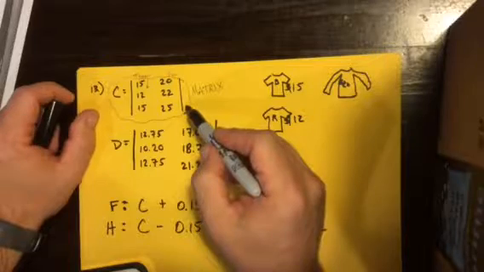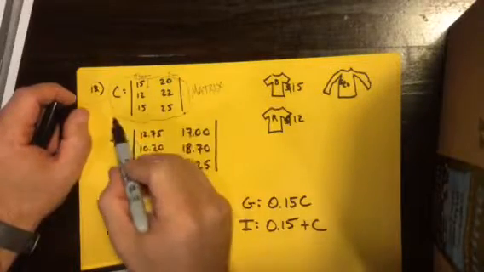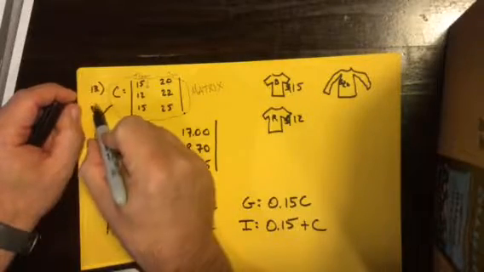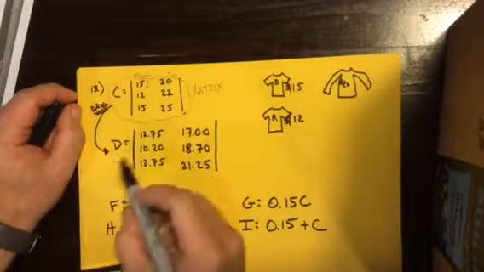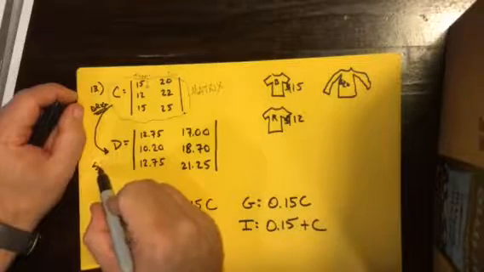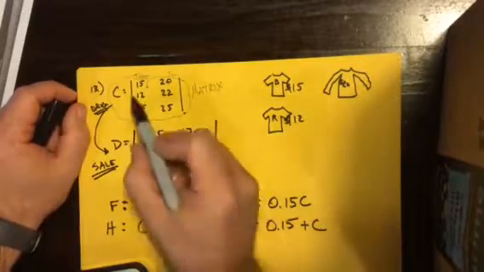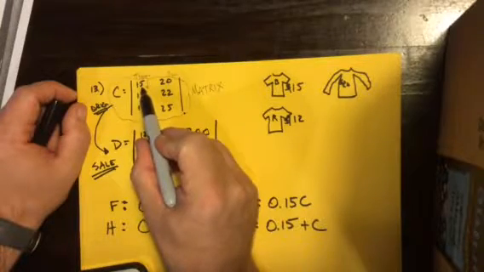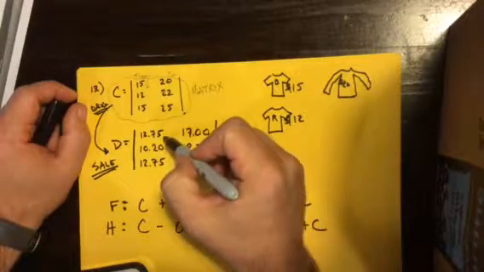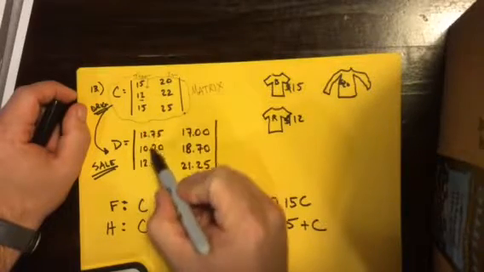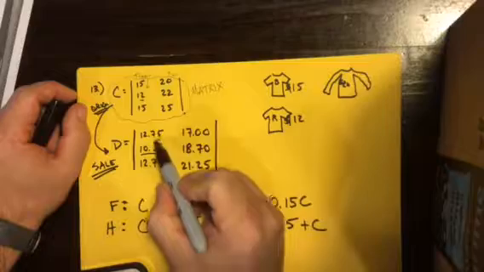Now, what it says in the problem is that this is C. This was the original price, and this is the price that he bought it for when it was on sale. So what you need to do is figure out how to go from a 15 to a 12.75, or from a 12 to a 10.20.